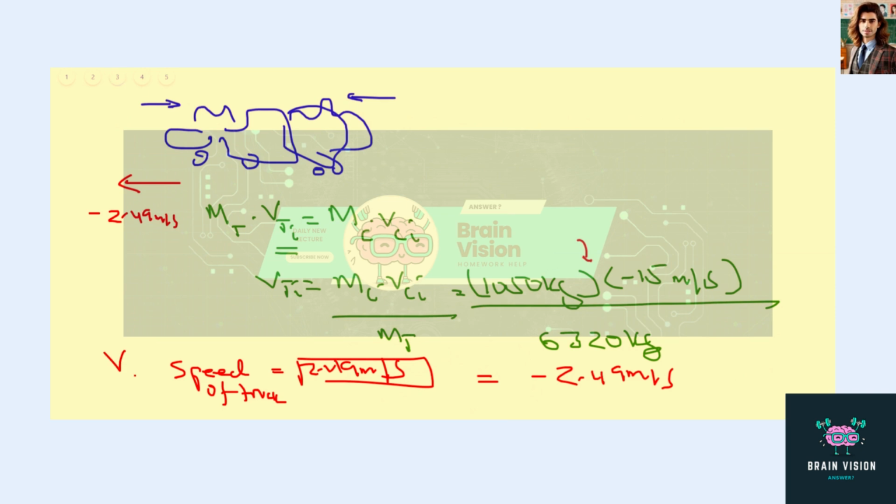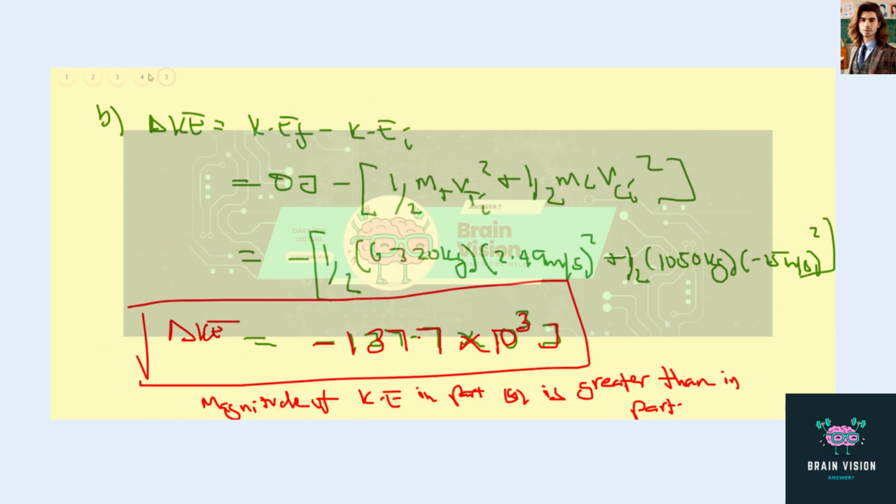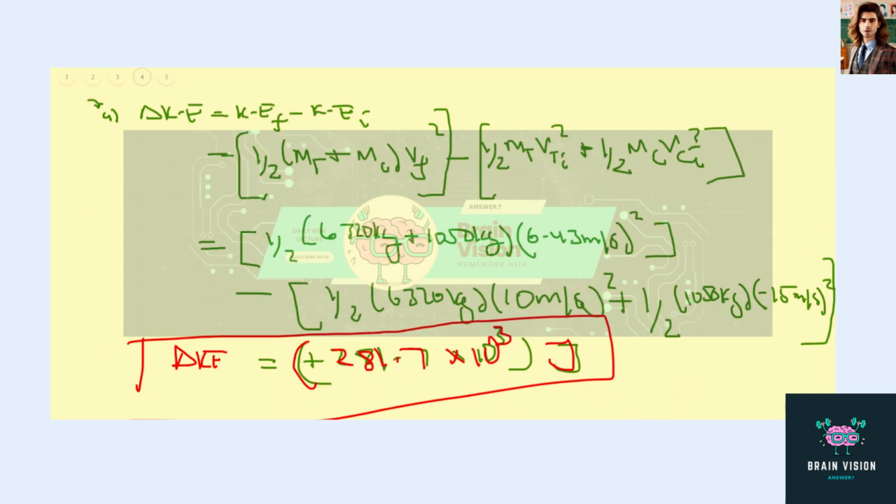This is the initial velocity of the truck, and then you can change that to speed. Speed is a scalar quantity. And then finally, you compare the energies in part A and B, and you can see that the energy in part A is bigger.